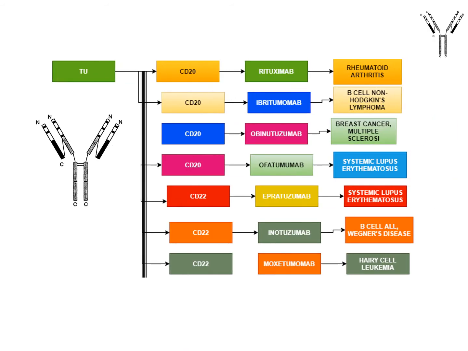The next, a broader set, is TU. Any monoclonal antibody containing TU is given for different targets like CD20, CD22, and they are given for rheumatoid arthritis, B cell non-Hodgkin's lymphoma, breast cancer, systemic lupus erythematosus, Wegener's disease, and hairy cell leukemia. You can see the examples which you can remember.